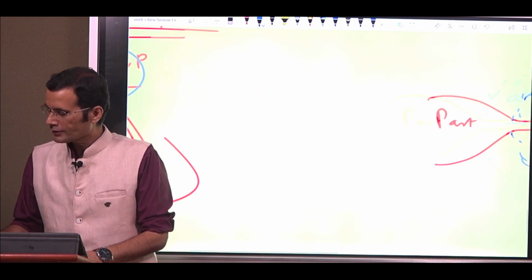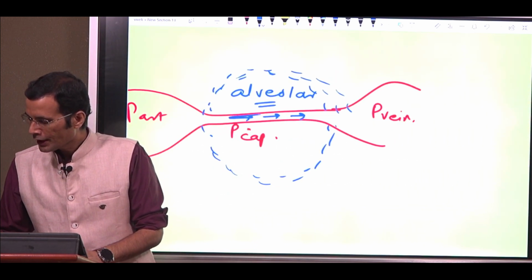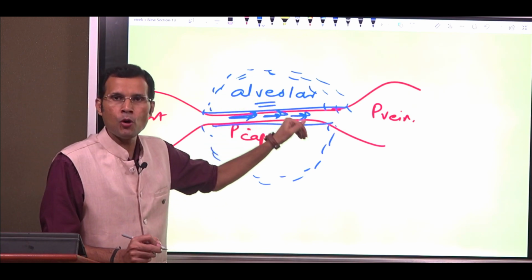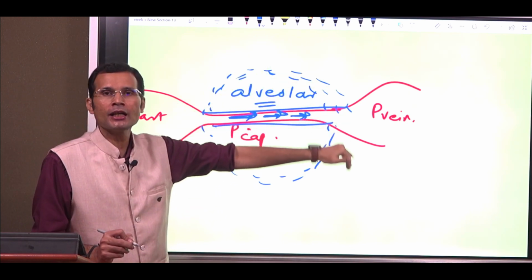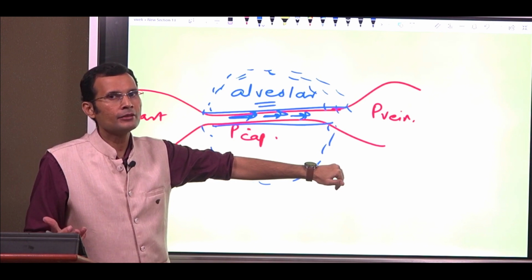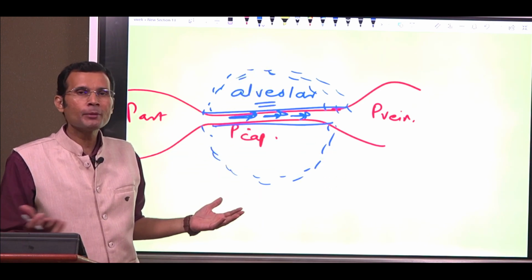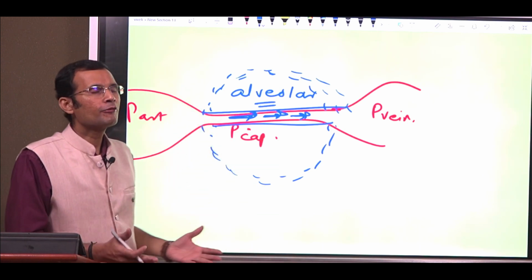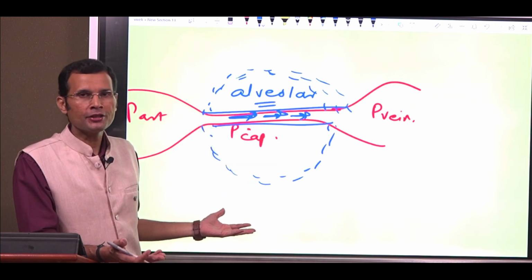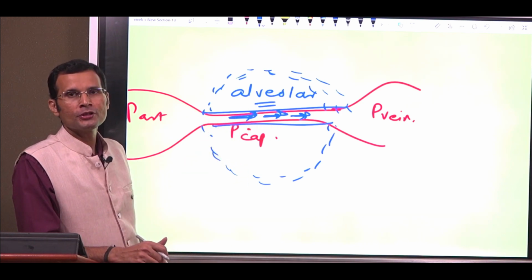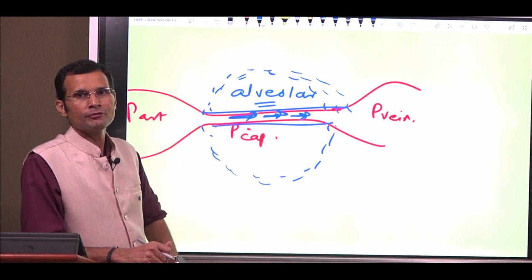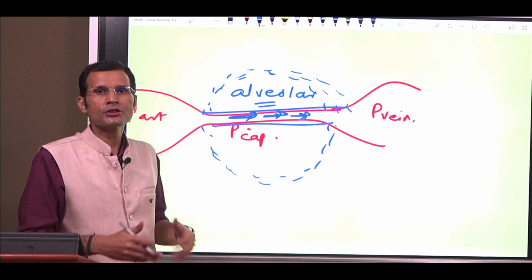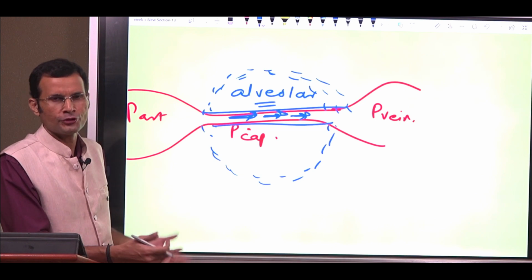That means, look at the diagram again, if the pressure inside the vessel is much more than the surrounding alveolar pressure, then the alveolus will not be able to compress this vessel. That means the blood flow will be unhindered. The blood flow cannot be stopped, because alveoli cannot compress this vessel, and that's because the pressure in the vessel is much higher as compared to the apex, of course, relatively.